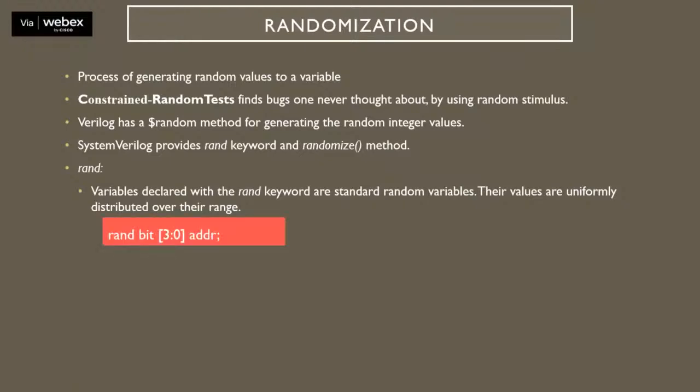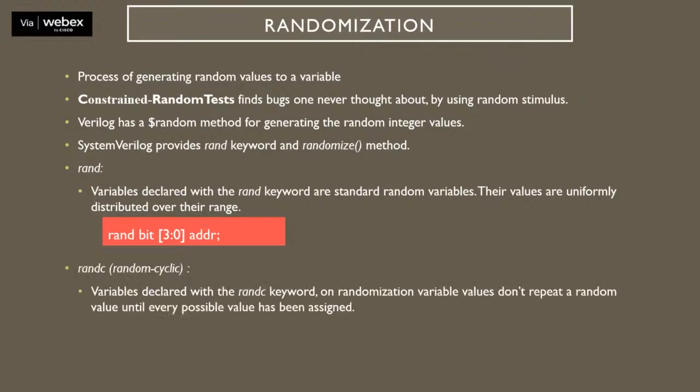If I take this example, rand bit [3:0] for the address, it will be 4 bits, so 0 to 15, 16 values, distributed uniformly over the range, and all the values from 0 to 15 will be tested. They will be selected randomly.